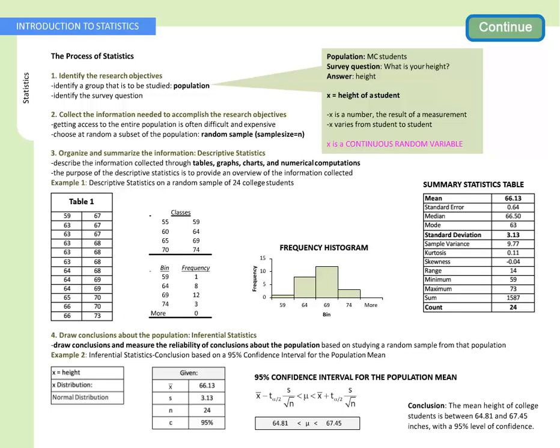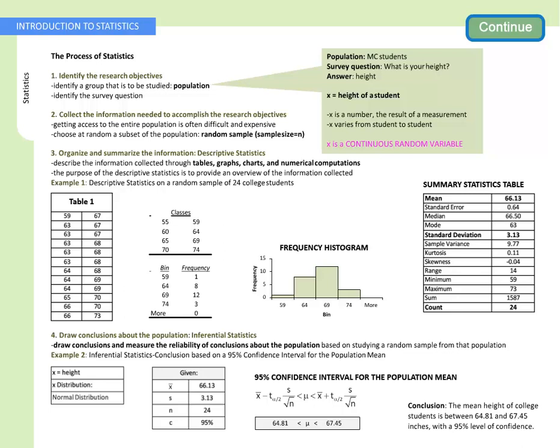Descriptive statistics is the part of statistics that summarizes the raw data using graphs and tables. On this page, descriptive statistics was used to create a frequency histogram and a summary statistics table. Of the summary statistics table, you can get the sample mean, 66.13 inches.